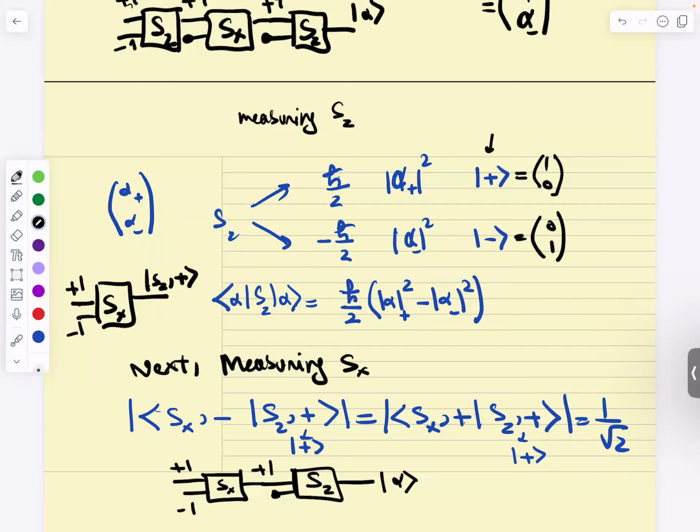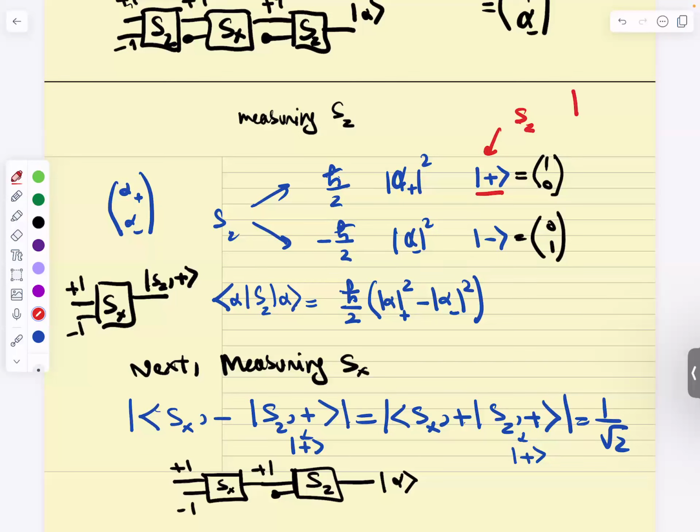So far I've been using this concise notation, because I was focused on measurements of the observable S of Z, and the eigenvectors of S of Z are these. If I wanted to keep the full notation, this is not clear enough. This is the plus one eigenvector of the S of Z measurement.